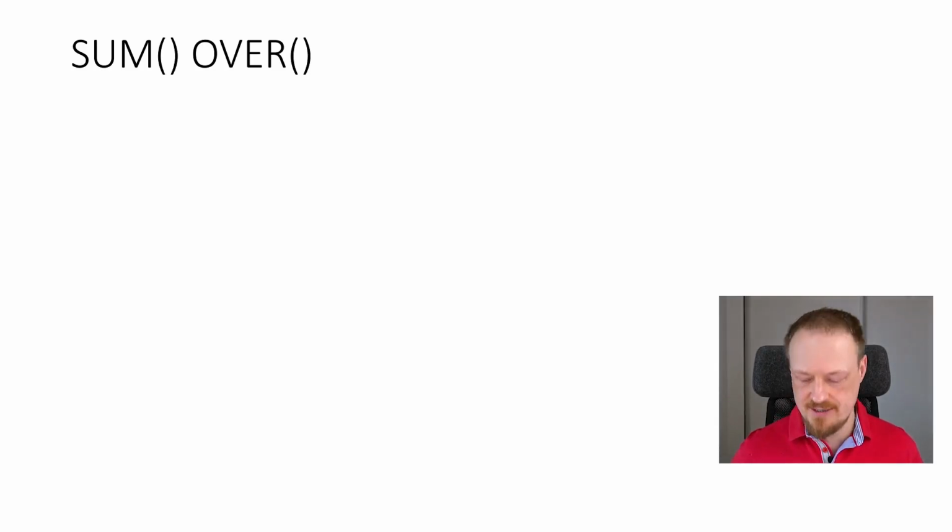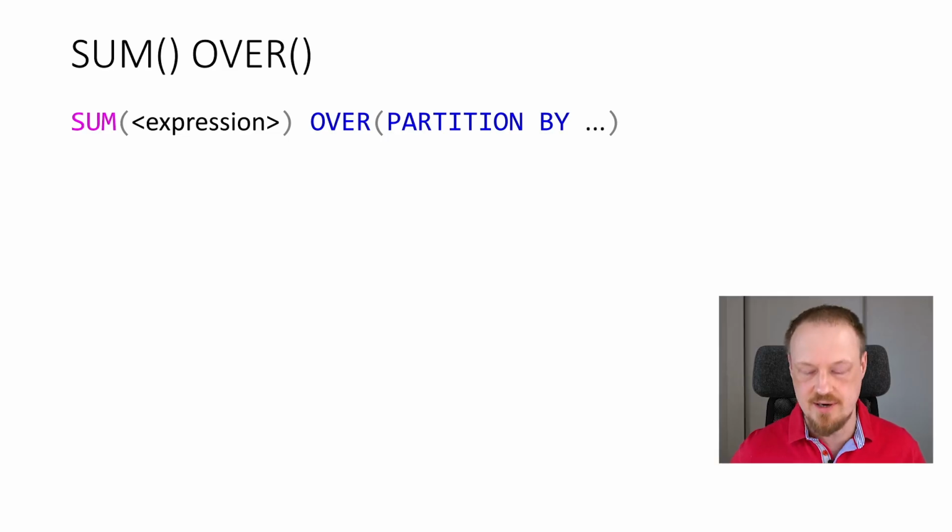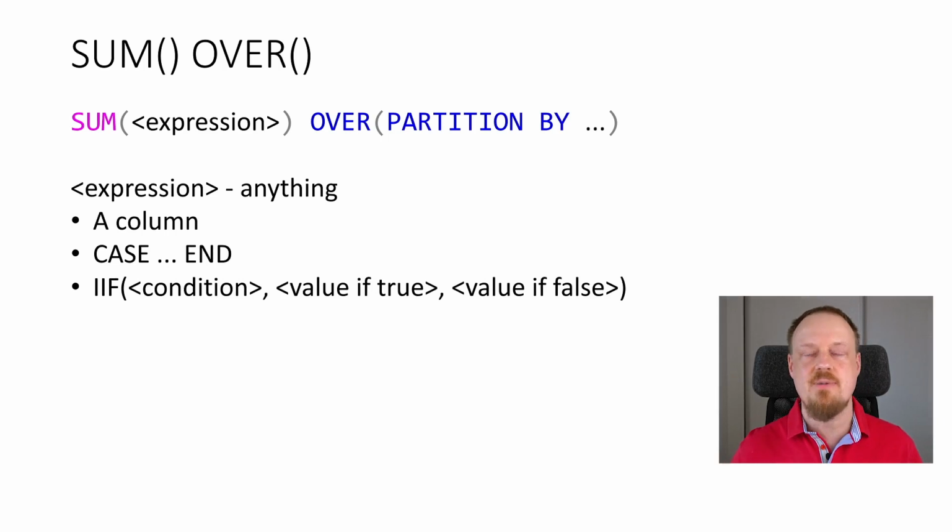A bit of theory. Sum over. This over clause is a windowing clause. You can have, for example, sum of any expression over partitioned by. Some windowing functions require order by, but sum is not one of them. In the expression you can have anything, a column, any expression like case, if, any expression that you can evaluate to a value, of multiple columns from various tables.